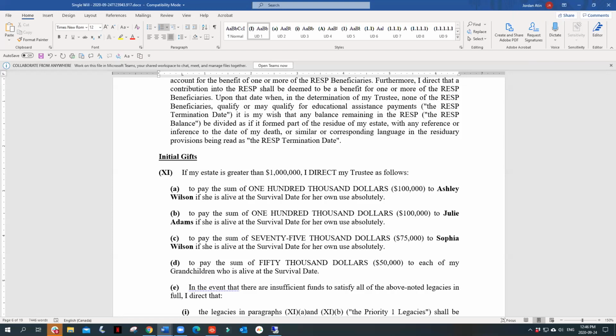Yeah. Maybe I would say, if the residue of my estate, before the payment of these legacies, is greater than, something like that, that probably would be the wording, just thinking off the top of my head. And that works fine. So you can just do that manually, I think. There are lots of different ways to skin the cat there.